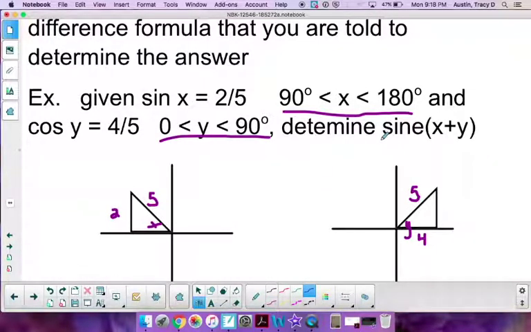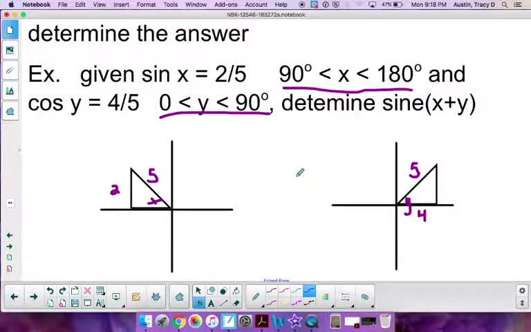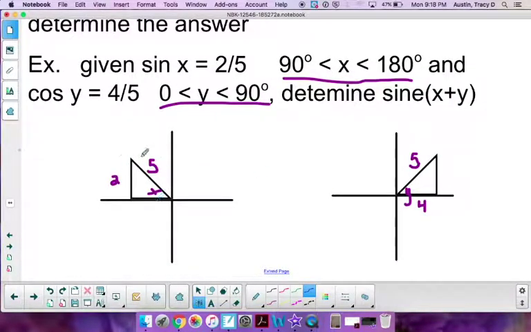Now you're going to have to use the Pythagorean theorem to solve for the two remaining sides that you need, right? Because you have to have the cosine and sine of each value to get it to work. Okay, so again, using the Pythagorean theorem, we get something squared plus 2 squared equals 5 squared. Okay, so you'll end up doing 25 minus 4, and we'll just go ahead and leave it as a root. It's root 21. It doesn't simplify.